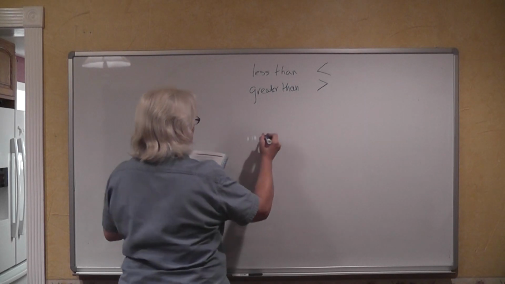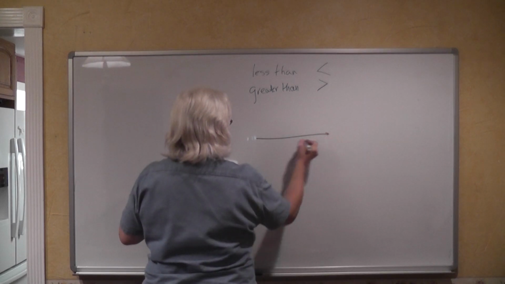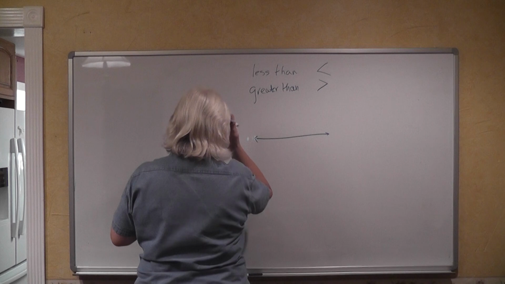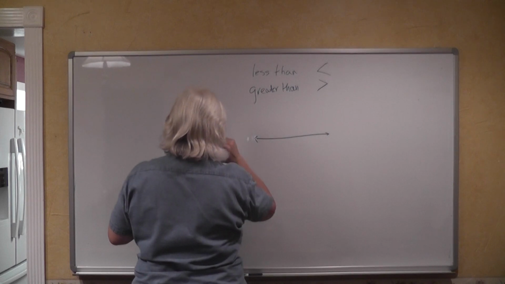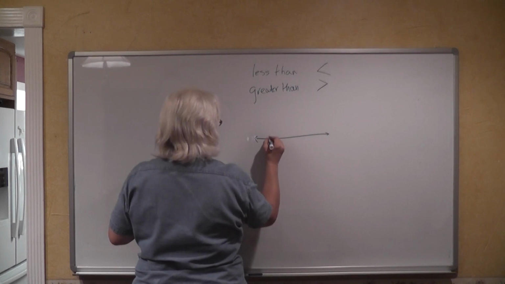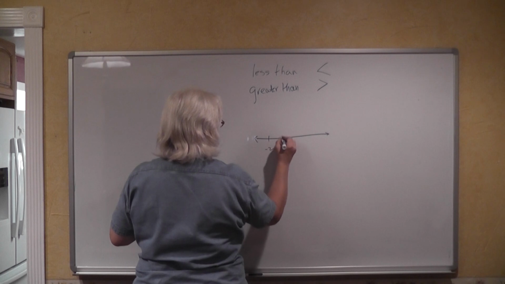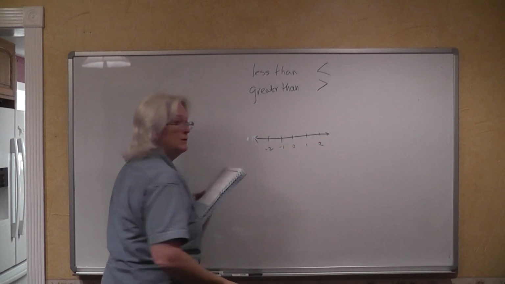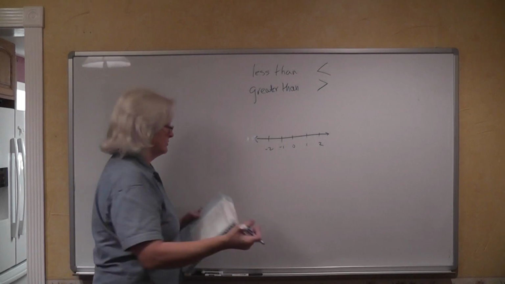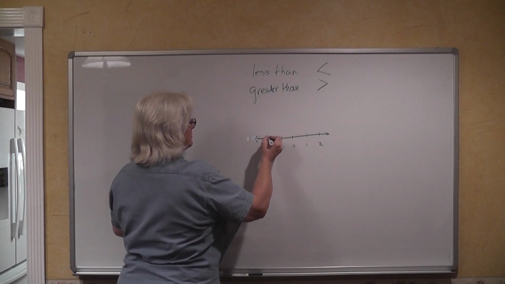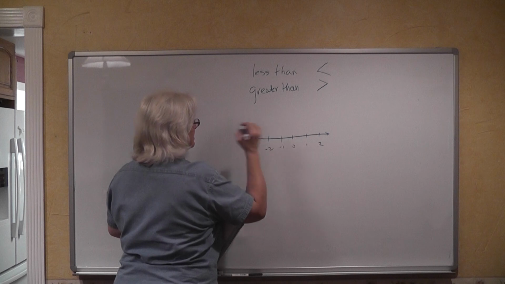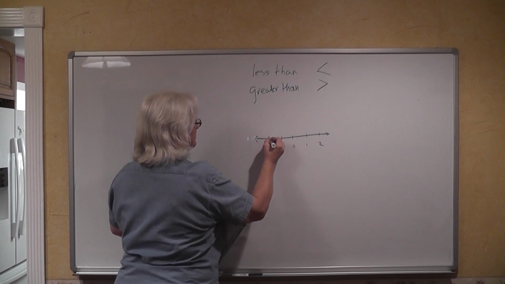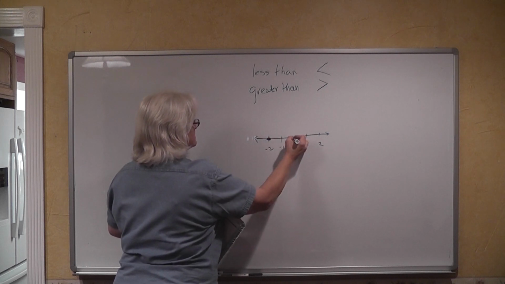So if we have this number line once again, let's do -2, -1, 0, 1, and 2. And we're going to compare two numbers. We're going to compare -2 and 0.